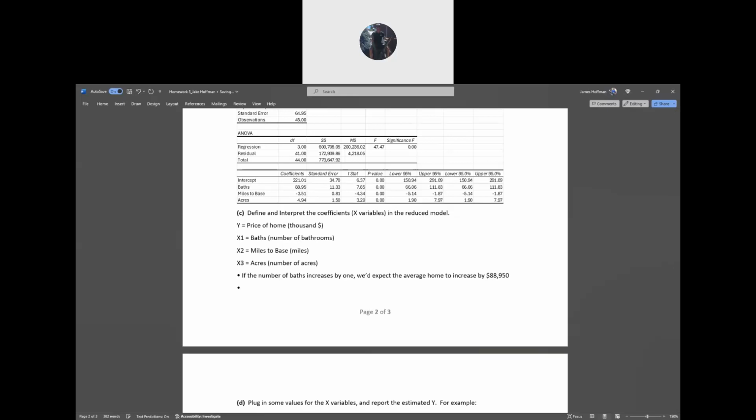So basically, you can write it either way you want: the price of the home decreases by $3,510 with each additional mile the home is from the base. So the farther each mile away, you lose this much in value.